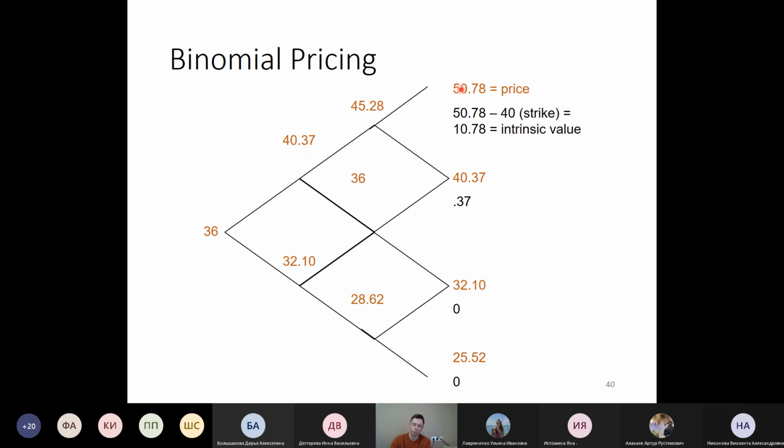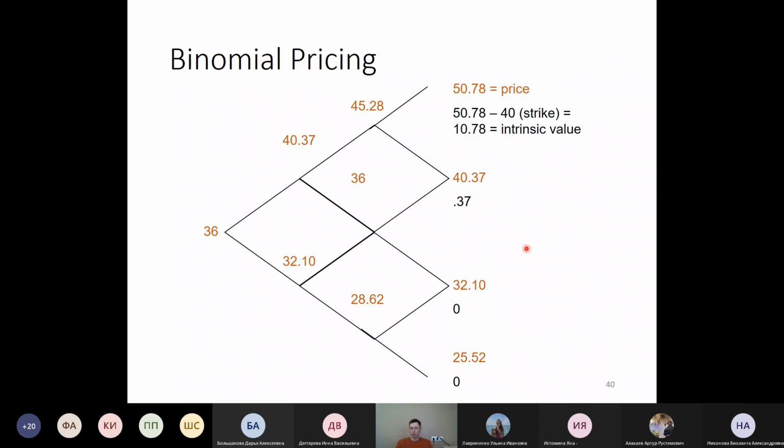Then as we reach the final points, so here we have these final prices that we expect. Then we would estimate the value of the options at each of those points, and the value would be the difference between the price of the asset and the exercise price, or strike price, and this would be intrinsic value at each of those points.